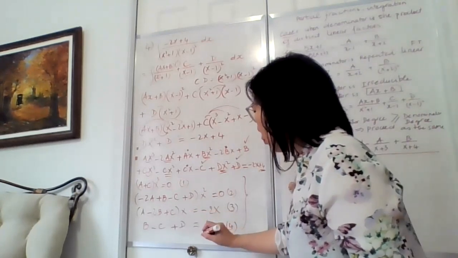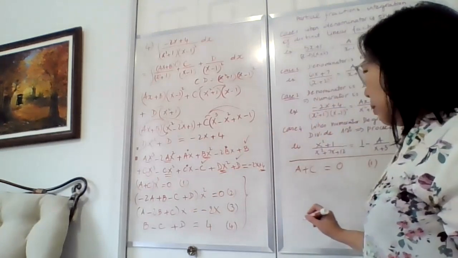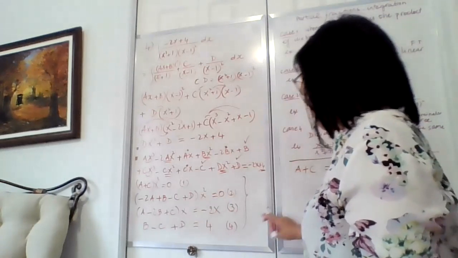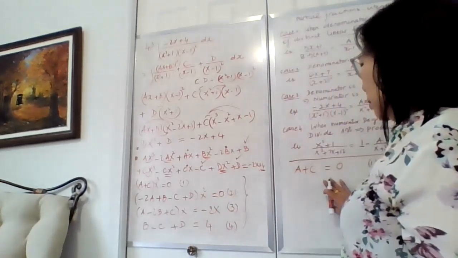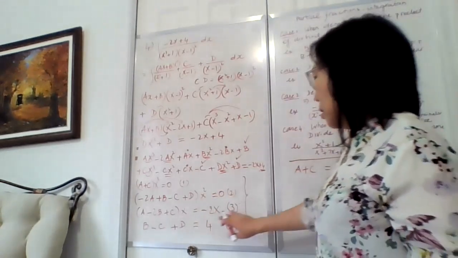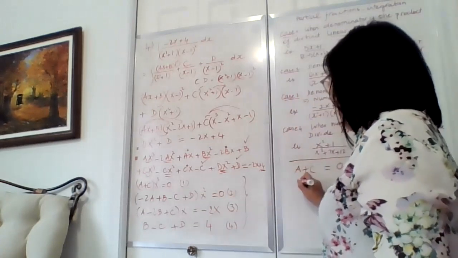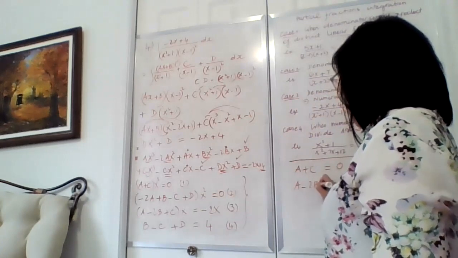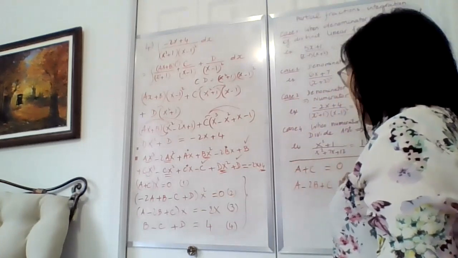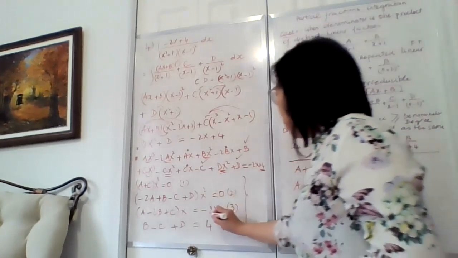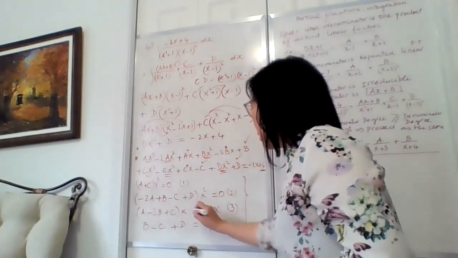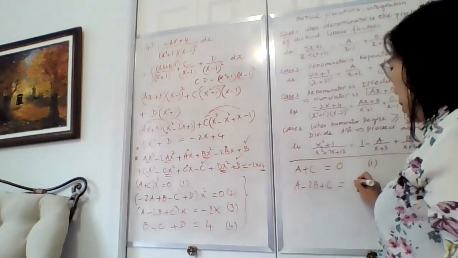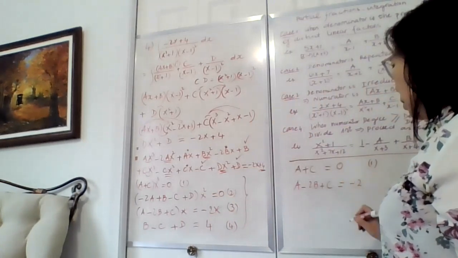Which one should I pick? Okay, so maybe I just pick the second one. A minus 2b plus c will be equal to minus 2, right? The x will cancel with the x here. So a minus 2b plus c will be equal to minus 2.